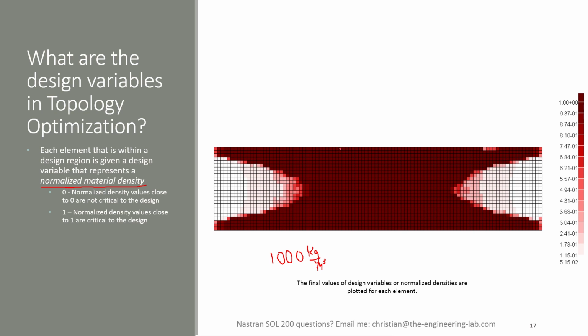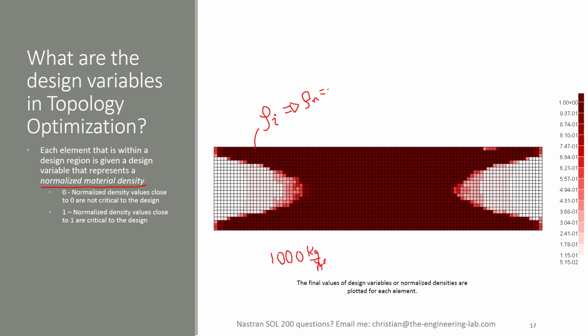With topology optimization, it splits the density into hundreds, thousands, millions of densities. Each element now has its own density, and here I'll say it's density i. This will be expressed in a density that is normalized. So here I'll say it's density normalized.